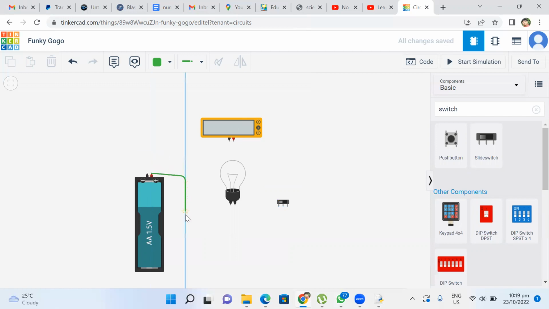The positive edge, I'm connecting that to the switch, then to the bulb.